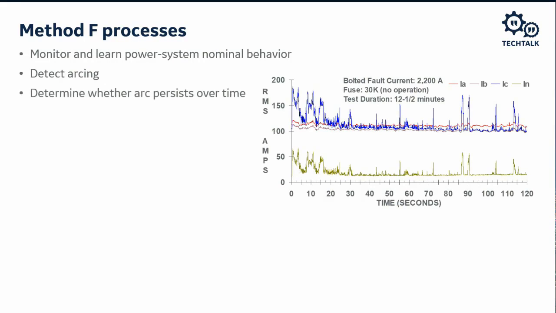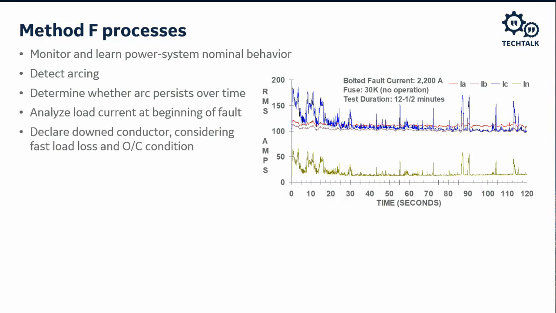If arcing is detected, the expert arc detector determines whether the arcing persists for a significant period. If it does, it analyzes load current. This is to determine whether persistent arcing is from a down conductor or from an intact conductor. There's a collection of sensitivity and timing settings that tune dependability and security.